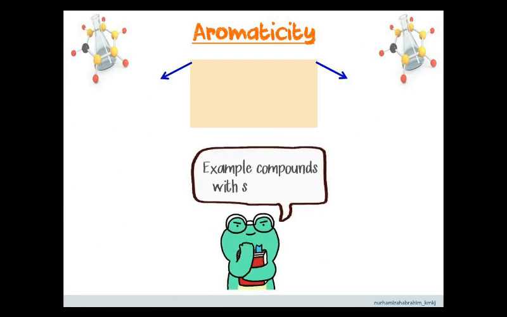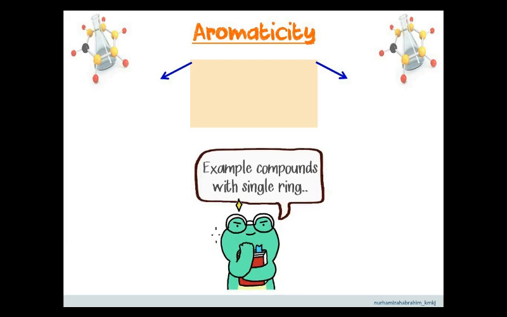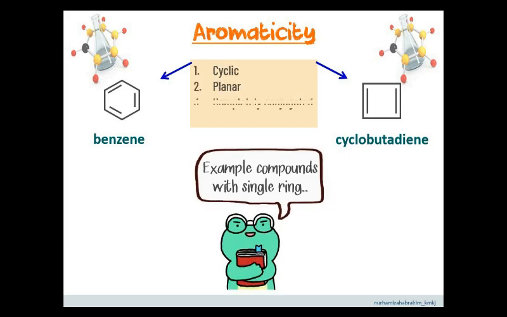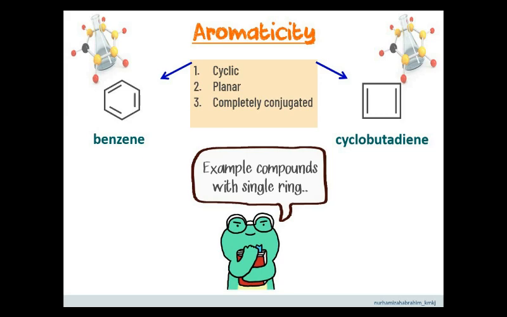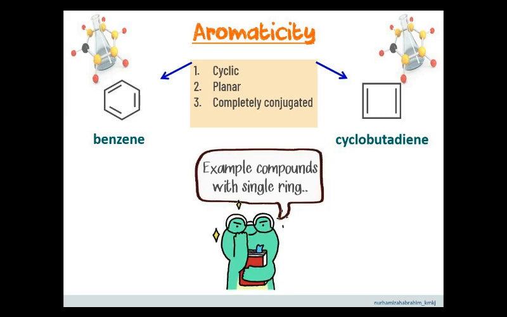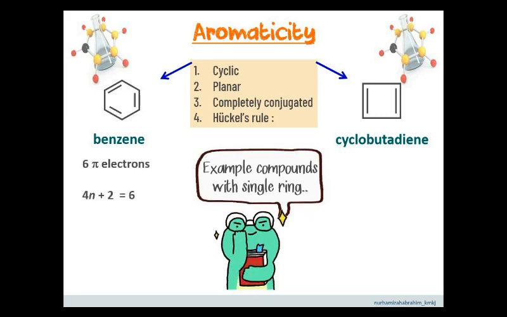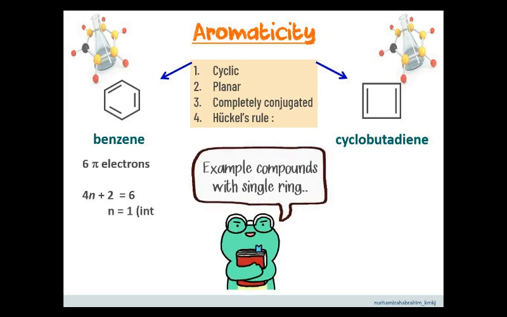Let's take a look at examples of compounds with single rings. We have benzene and cyclobutadiene. Both compounds are cyclic, planar, and completely conjugated. Now we need to determine whether they satisfy Kekule's rule. For benzene, the total pi electrons are 6, so the value of n is equal to 1, an integer.